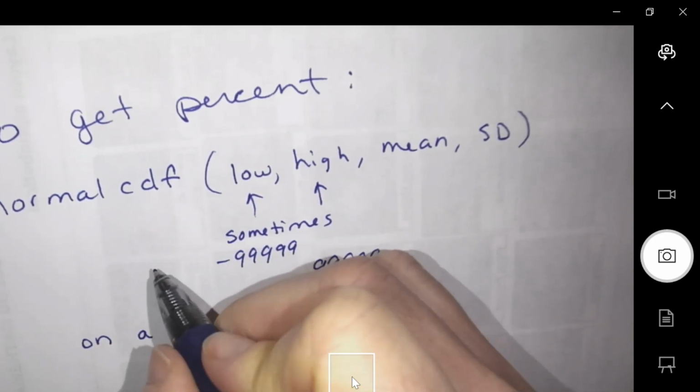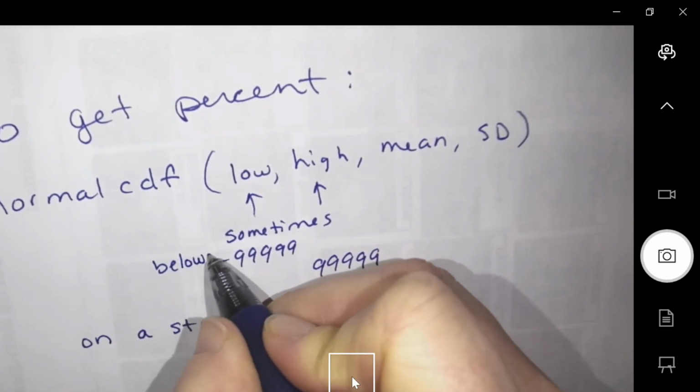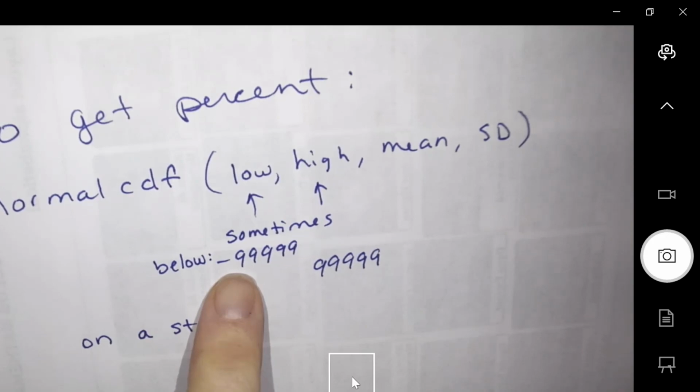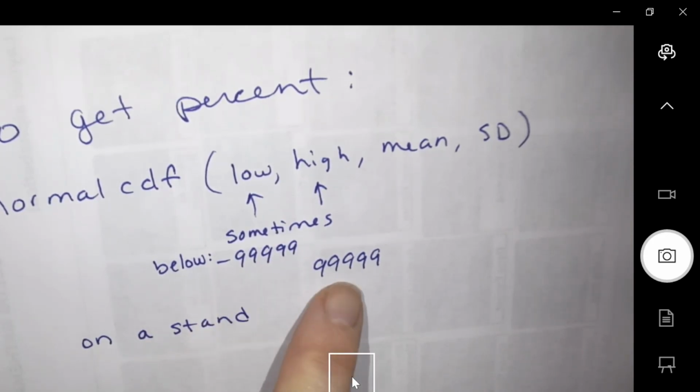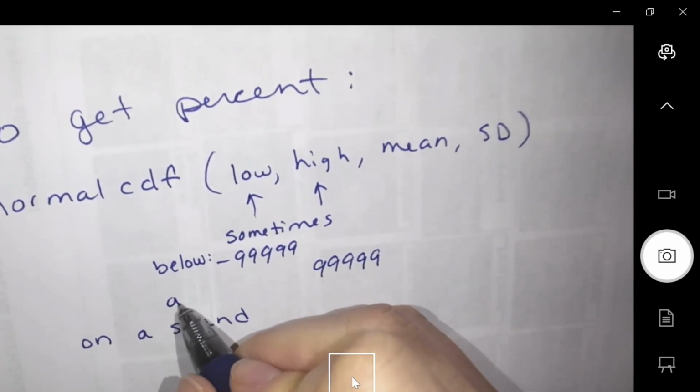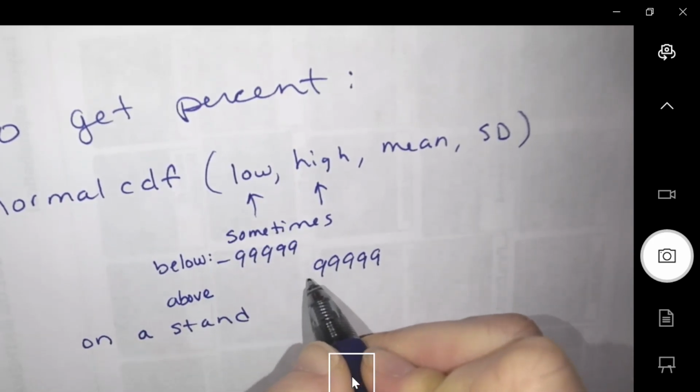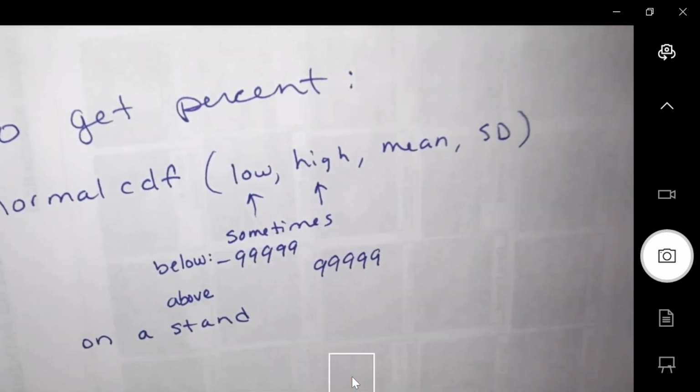If you are below, you would want that in there. And if you ever are above, you would want that in that position, right? If you're below something, you're going to want the negative 999 as a low, and if you're above, you're going to want to put the 999 into a high spot.